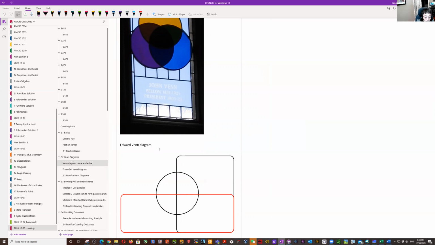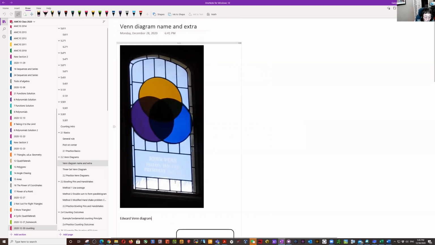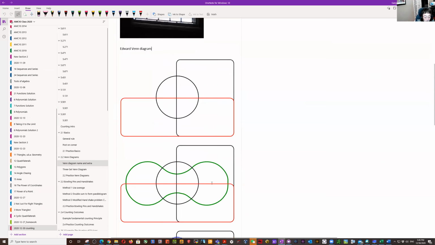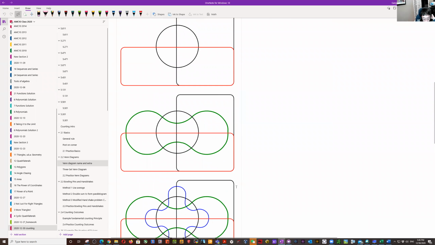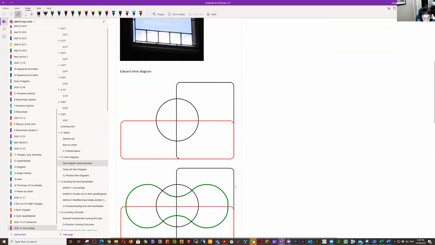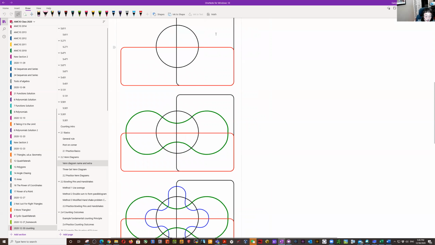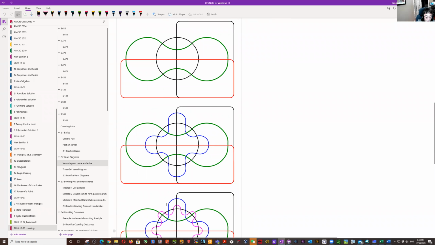Then he himself developed some oval-shaped Venn diagrams that are able to handle up to maybe 5 or 6. But later on, another guy called Edwards developed Venn diagrams able to handle more than 3. So this is the 3 category, the new Venn diagram. This is the 4 category diagram. This is 5, this is the 6.